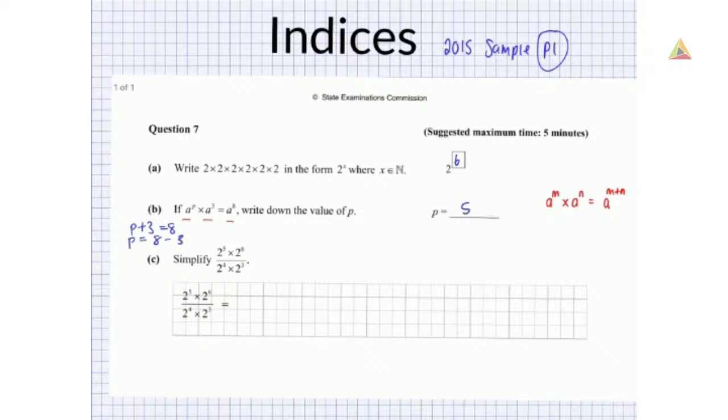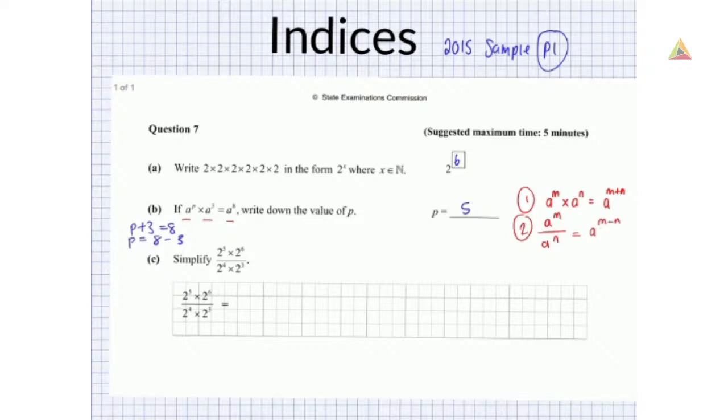So then if we look at part C, simplify 2 to the power of 5 by 2 to the power of 6 over 2 to the power of 4 by 2 to the power of 3. So this is actually bringing in both laws, and I'm going to write out the second law. So we have it. So the second law is a to the power of m over a to the power of n is equal to a to the power of m minus n.